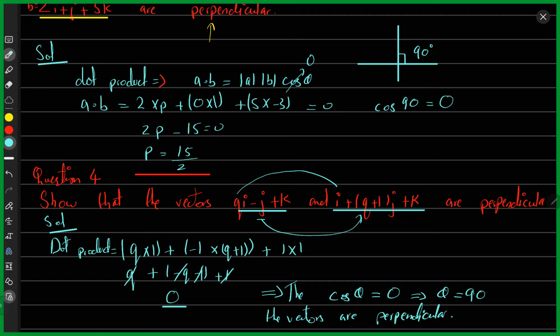This is what we need to understand, okay? Show that the vectors are perpendicular. Always remember when the question is about vectors and when you have been told that they are perpendicular, just know that you basically need to use the idea that dot product is equal to 0.